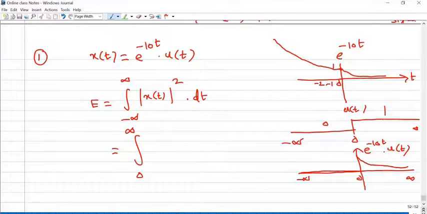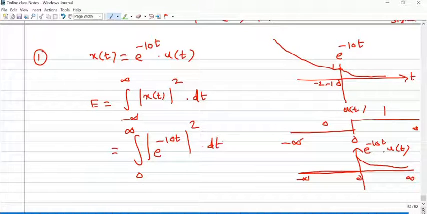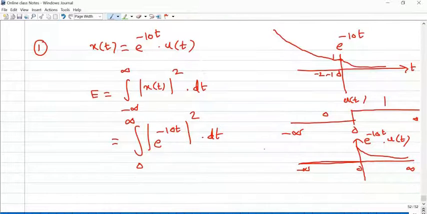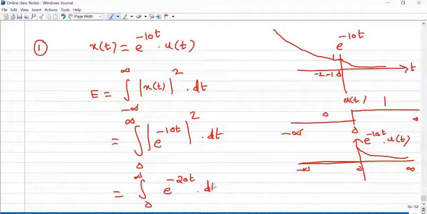U of t is 1, so e power minus 10t, whole square. That will be equal to integration 0 to infinite of e power minus 20t dt.